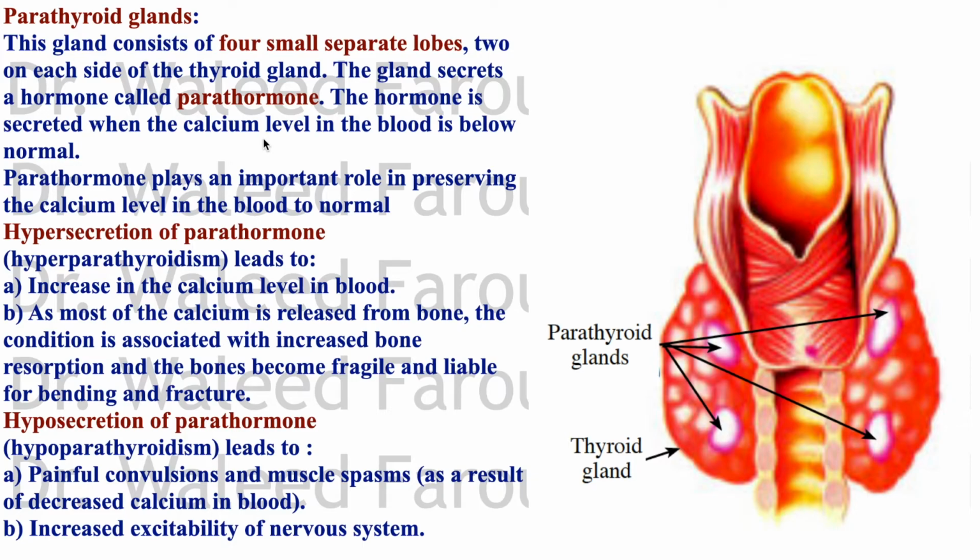الباراثورمون هرمون بيطلع الكالسيوم من العظم، عشان كده العظم معاه بيبقى فيه هشاشة وعرضة انه يتعرض لكسور وانه ينتني.